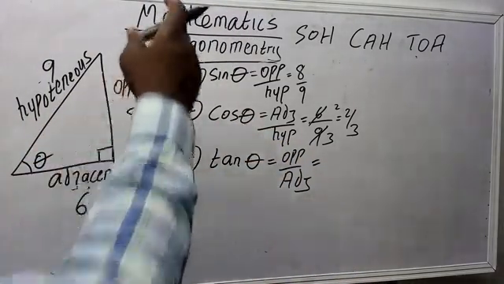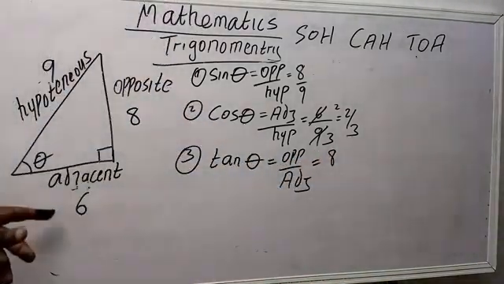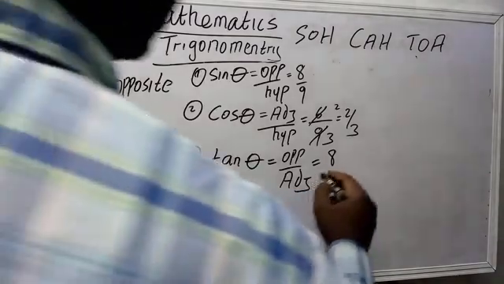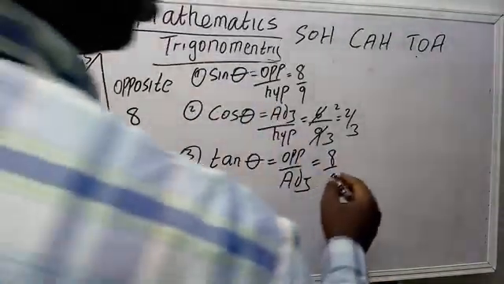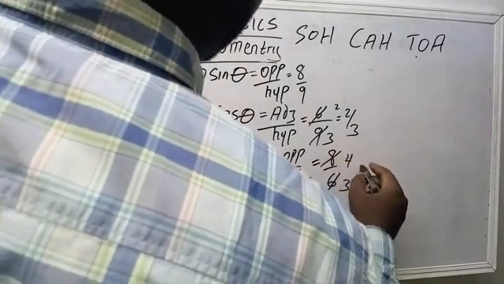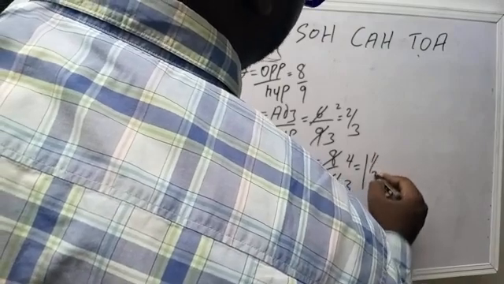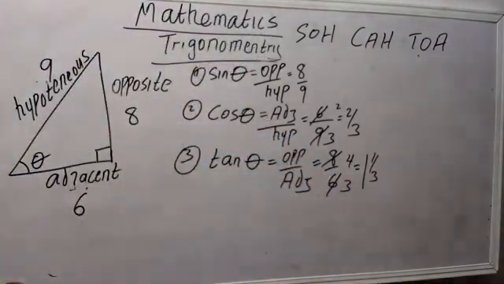The opposite is 8. And your adjacent is what? 6. You can divide further. 2 here, 3, 2 here, 4. The answer is 1 over 3. You can still divide further using a calculator.